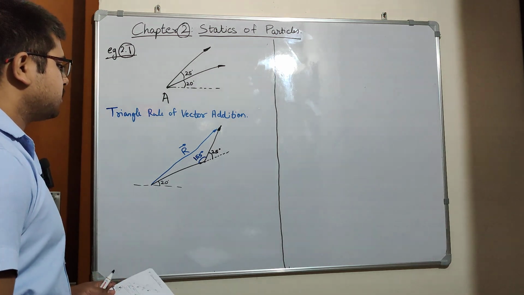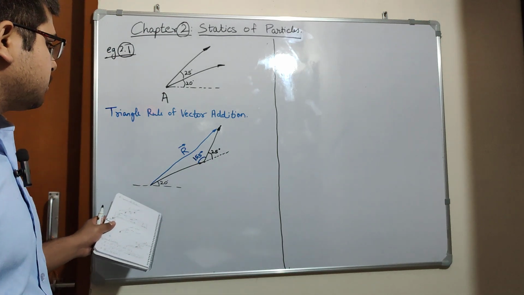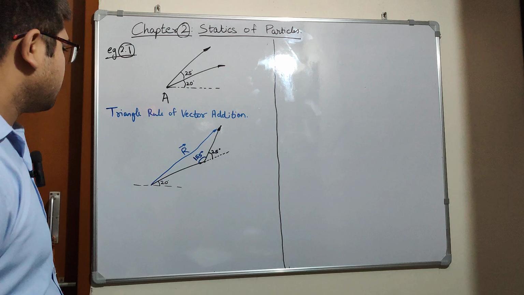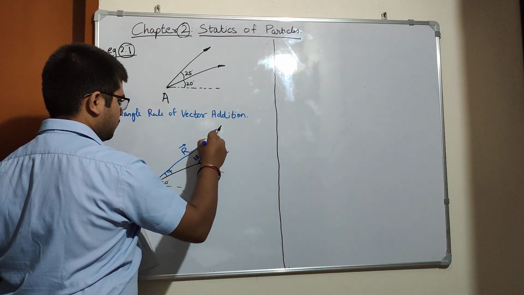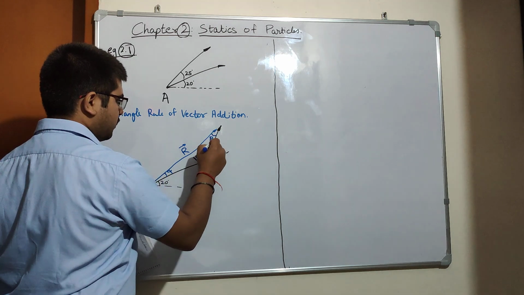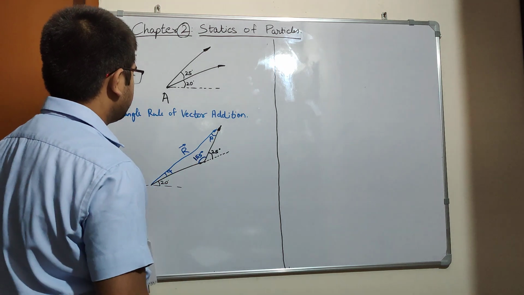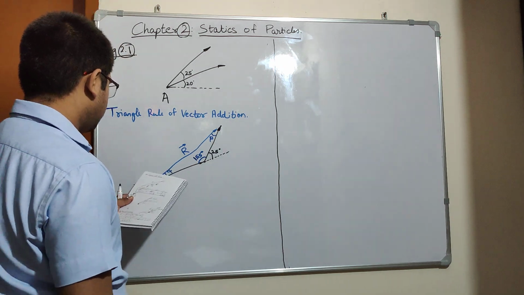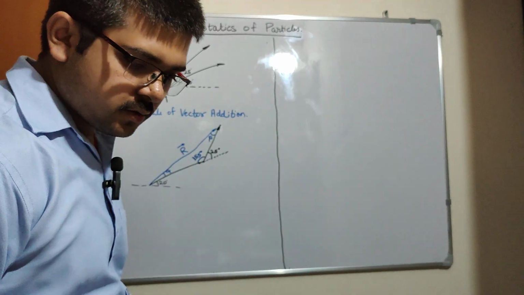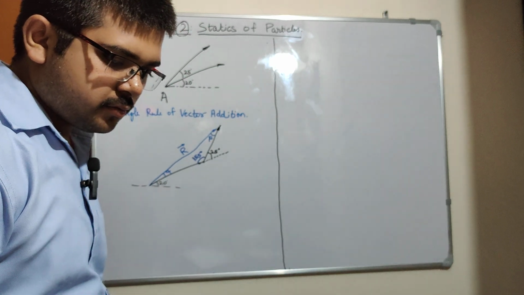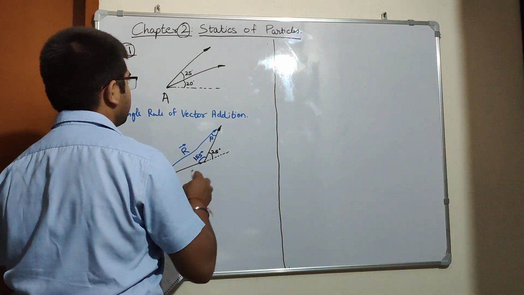So this is a triangle. We have applied the triangle rule and made this. We can give this angle alpha and this beta. Although we won't be using beta, we will just be using alpha. And we know that it is given in the question that the two vectors P and Q are 40 and 60 Newton.